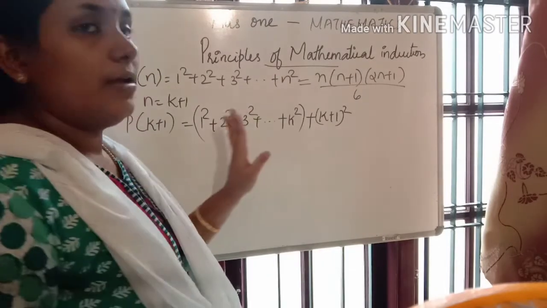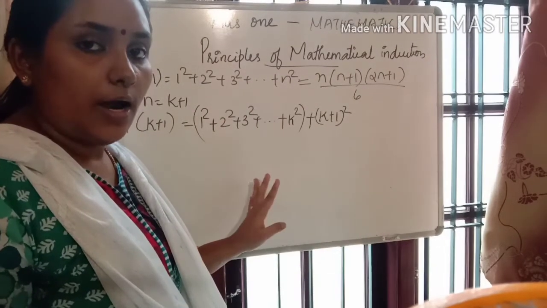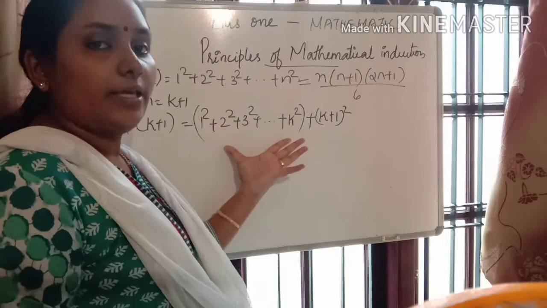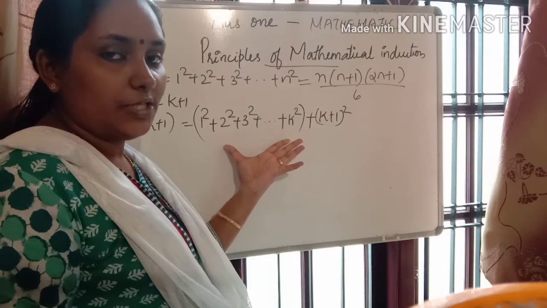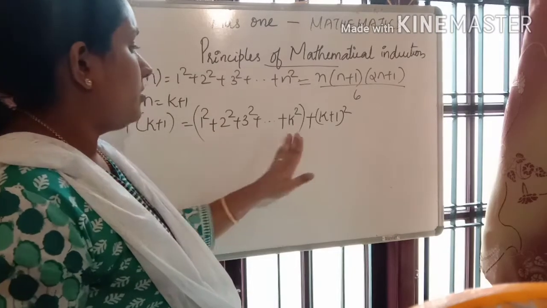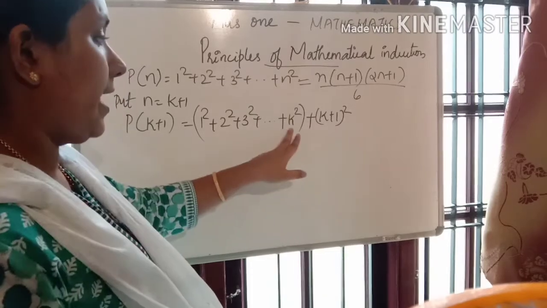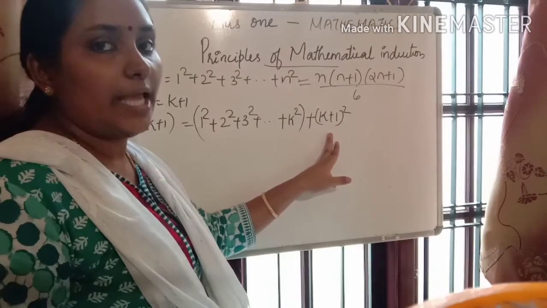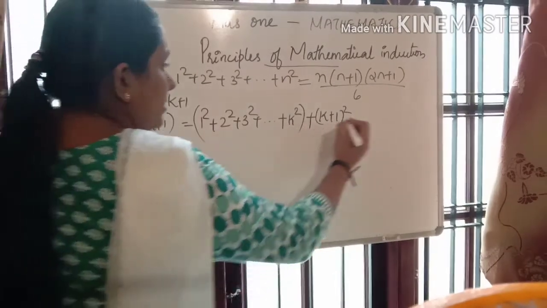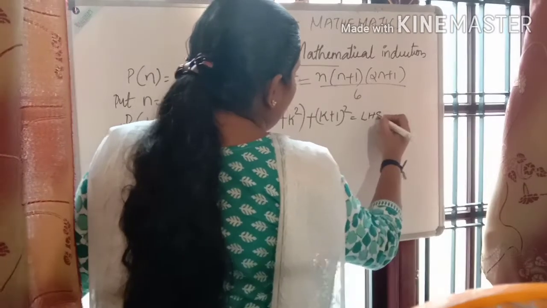Okay, just apply K plus 1 after the given expression. K plus 1 the whole square. Instead of K we are writing K plus 1 the whole square. This is the LHS of this equation.